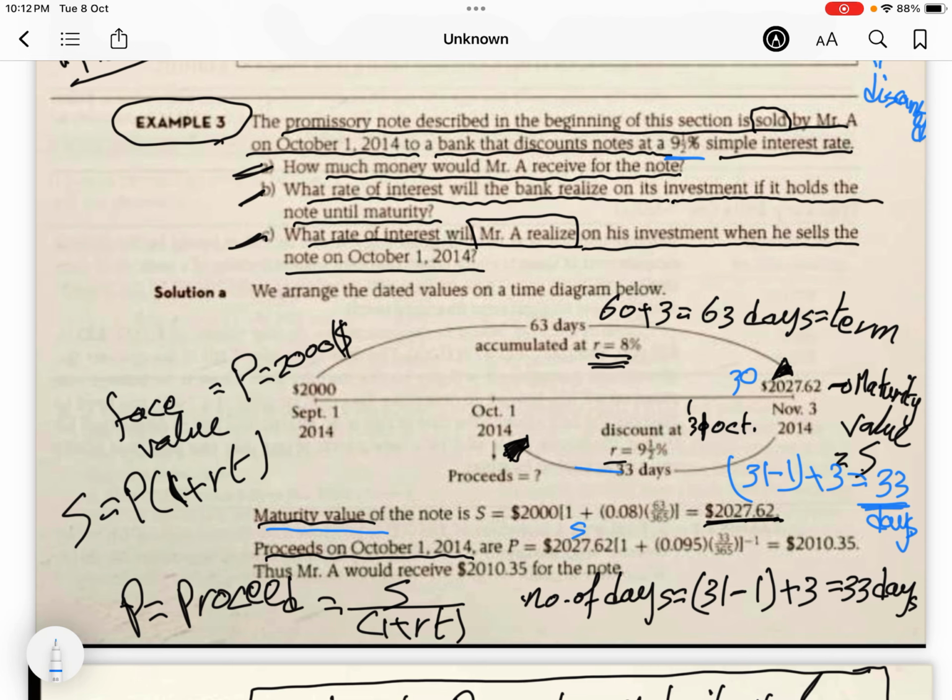We have the discount interest rate here, 9.5%. Calculate B, the proceeds. It will be S, 2027.62, divided by 1 plus 0.095 multiplied by 33 over 365, which is 2010.35.